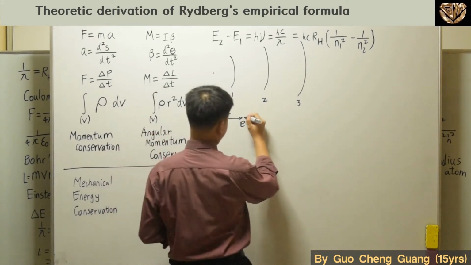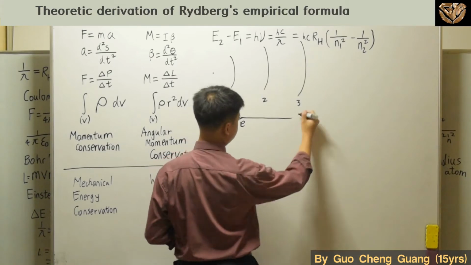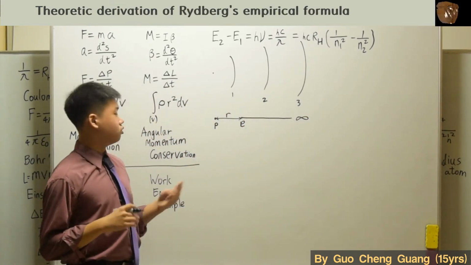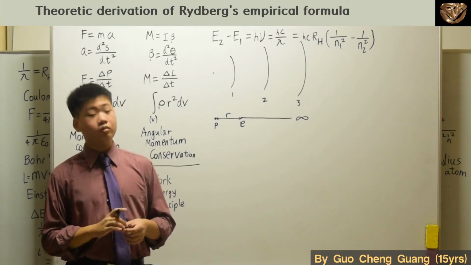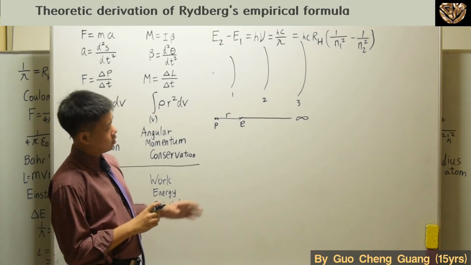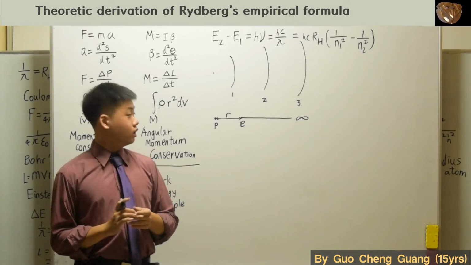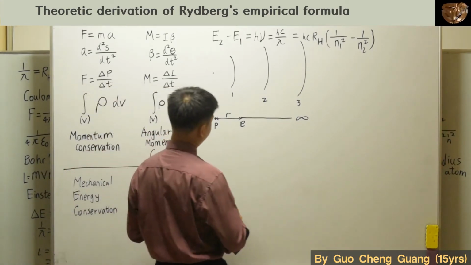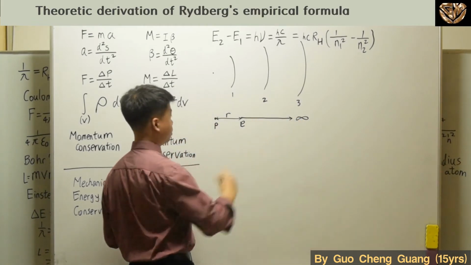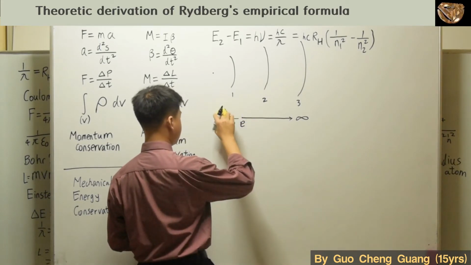And you can have this e pushed a long distance to, let's say, infinity. Alright? So when you think about this, it is kind of like mgh, isn't it? You have your force and you have the distance that it is pushed away. Of course, you can think of this e being pushed all the way to infinity, but just to avoid more confusion, I will just remove these arrows.